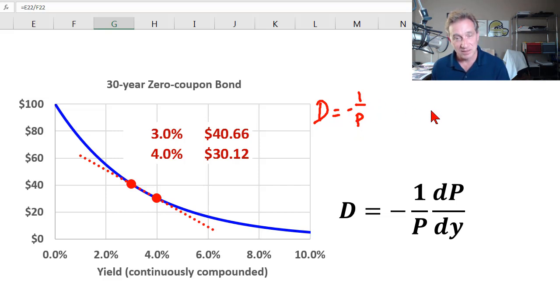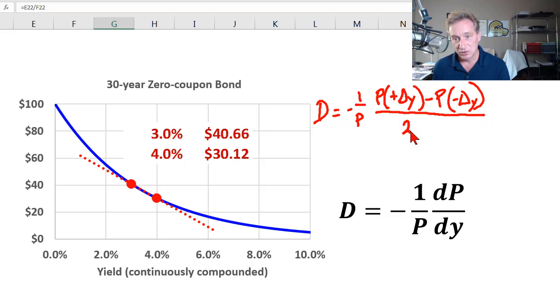And then we know what's coming here is going to be the slope of the line, the first partial derivative, or an approximation of it. And so what we get in the denominator here usually is the price if we shock the yield up, minus the price if we shock the yield down, divided by 2 multiplied by the yield shock.